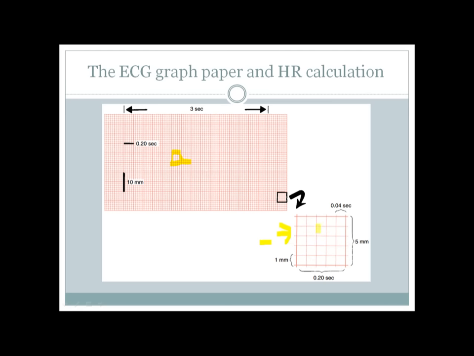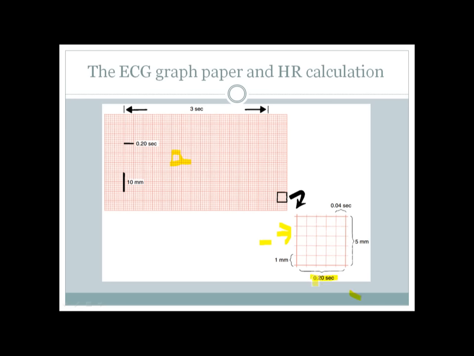The ECG paper is run through the ECG machine at a common speed, so there is a regular speed of travel of the ECG paper through the machine, and that produces a typical recording and a typical timeline that we see on ECG paper. The time it takes for one large box to pass through the ECG machine is about 0.2 seconds.